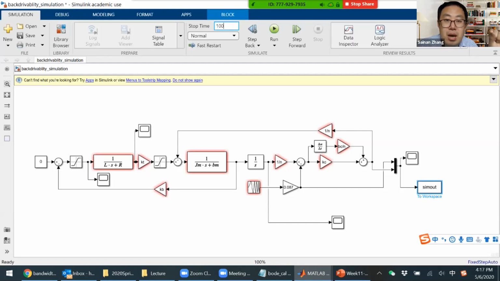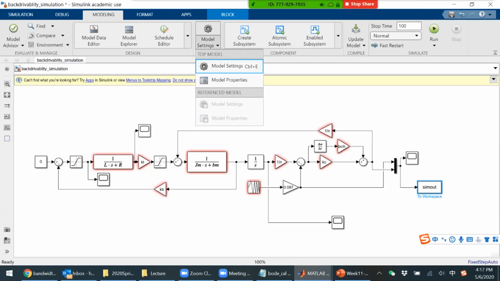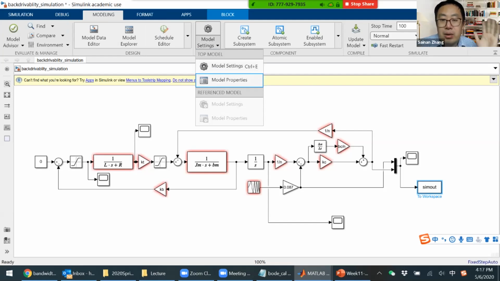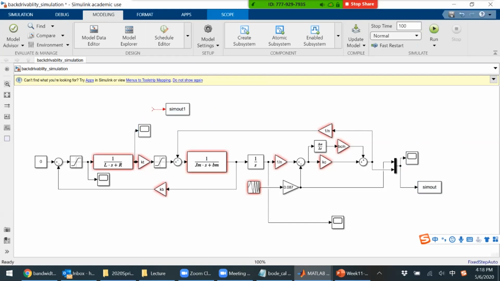So let me answer in a simple way. You can get a data array from each of these anywhere you put a scope. If you want to get the data, you need to do this sim out, and you can do another sim out. So this is the data, but it's represented in the time domain. Okay, thank you. Sure.